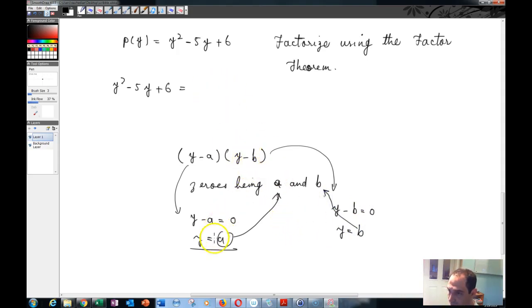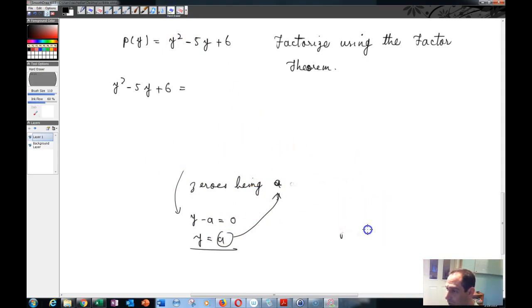So you need to be careful about how you think about your zeros and how you write your factors. It's always going to have this kind of relationship, meaning that in algebra it fits together this way.